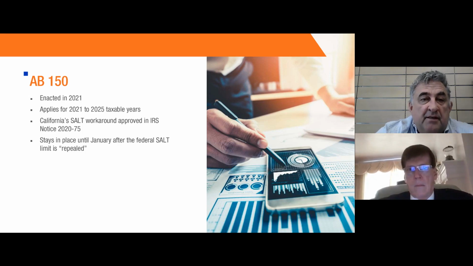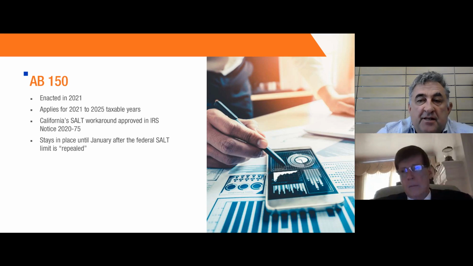But potentially for those clients who paid their state income tax through the pass-through entity on or before March 15th, those clients were eligible for a tax credit, which effectively allows them to get around the $10,000 limit of the federal deduction for state income taxes.